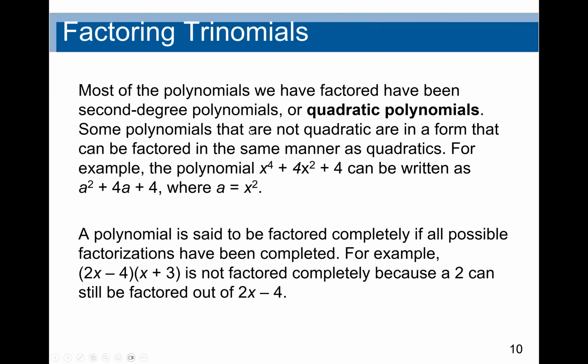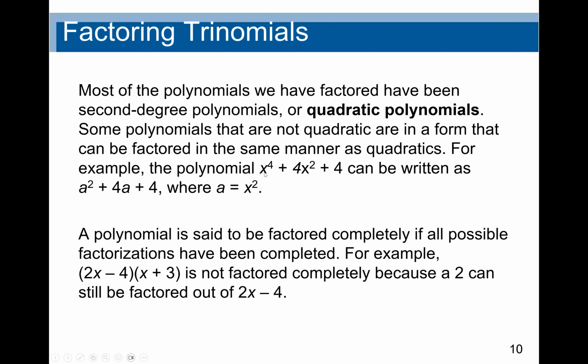Now, most of the polynomials we factor here have been second-degree polynomials. Second-degree polynomial means the exponent is 2. But sometimes we may have an exponent greater than 2. For example, here we have a 4th degree, x to the power 4 plus 4x squared plus 4. First, we can convert by saying, okay, a equals x squared.